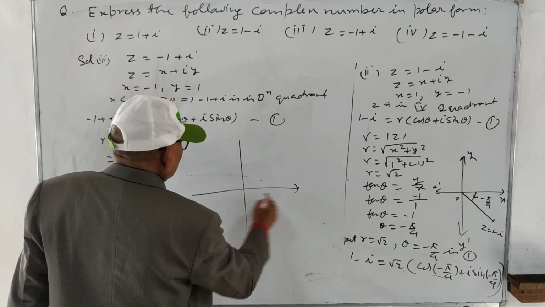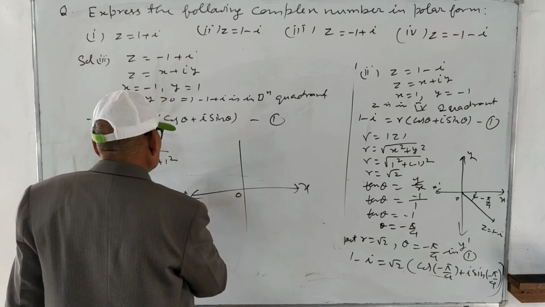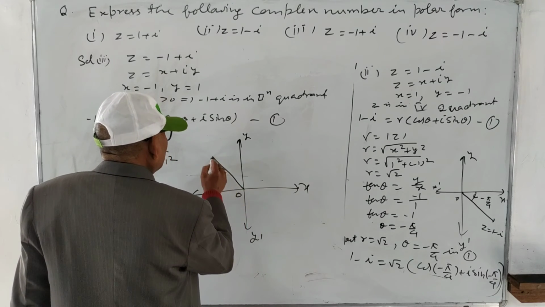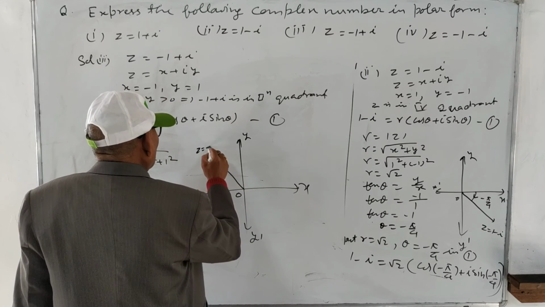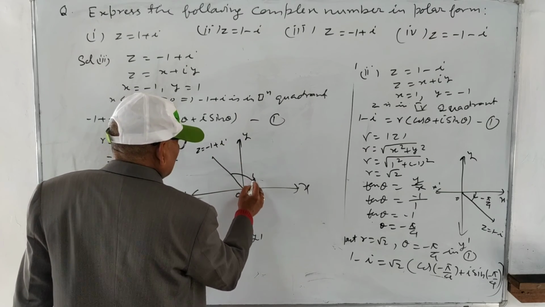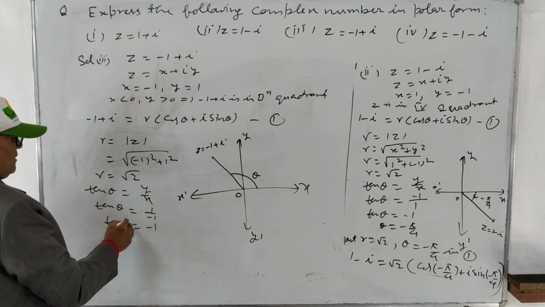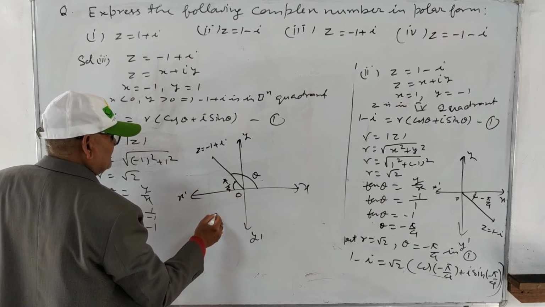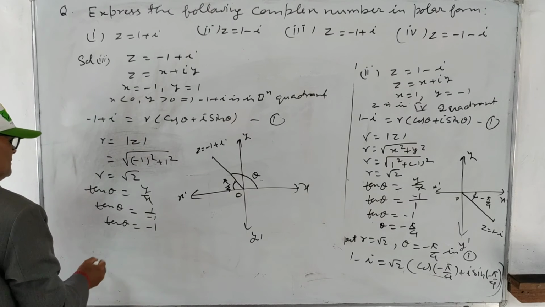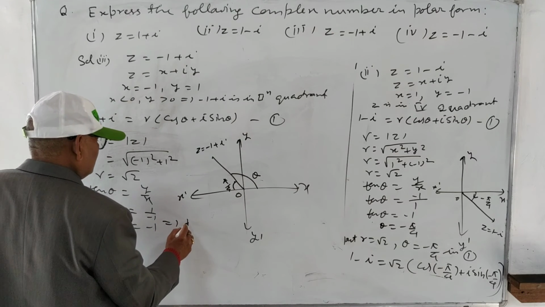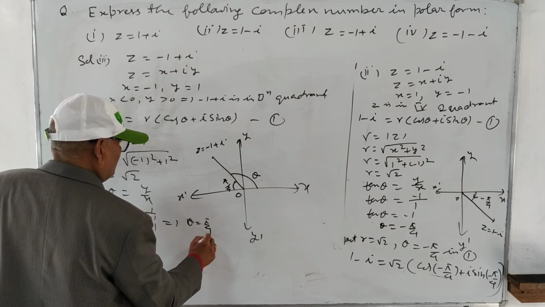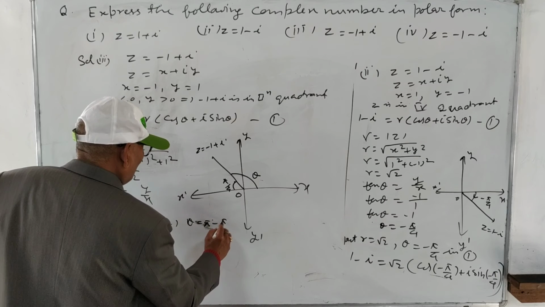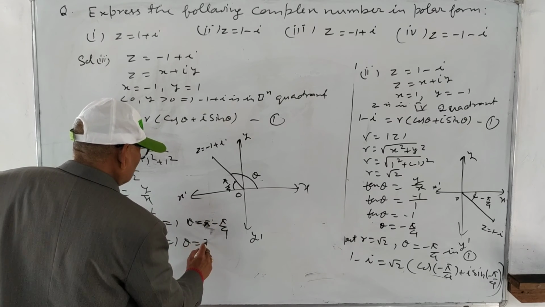So now you see, this is XOX dash, this is YOY dash. Now this is your z equal to minus 1 plus i, and this angle is theta. Compare, this angle is this theta, this is pi by 4, and this theta is pi minus theta. This implies that theta is equal to pi minus pi by 4, so theta equals 3 pi by 4.